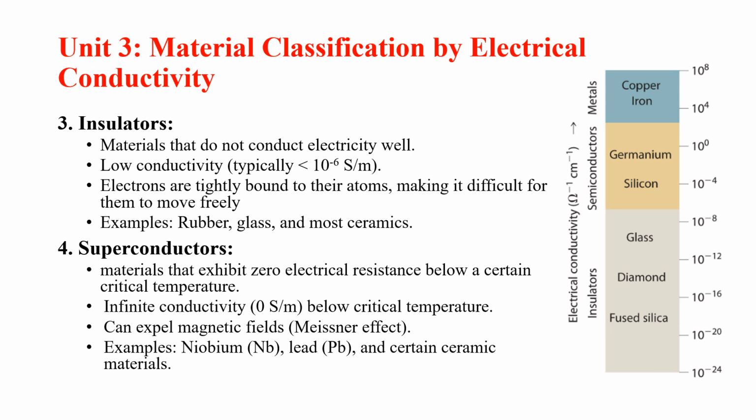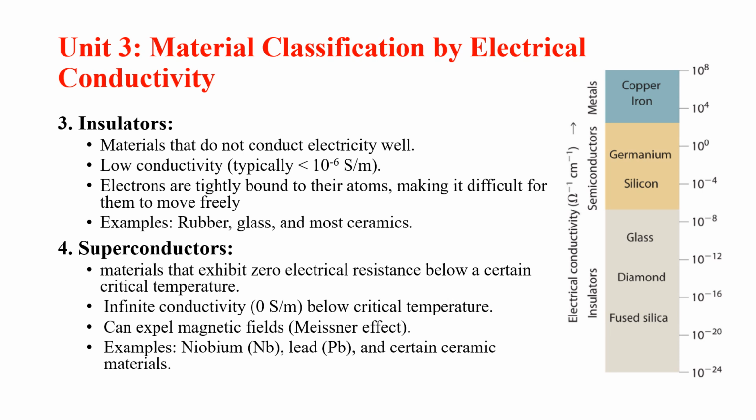Superconductors have infinite conductivity below the critical temperature, and they can expel magnetic fields, which is generally referred to as the Meissner effect. The Meissner effect is the phenomenon in which a superconductor expels all magnetic fields from its interior when cooled below its critical temperature, causing it to exhibit perfect diamagnetism.